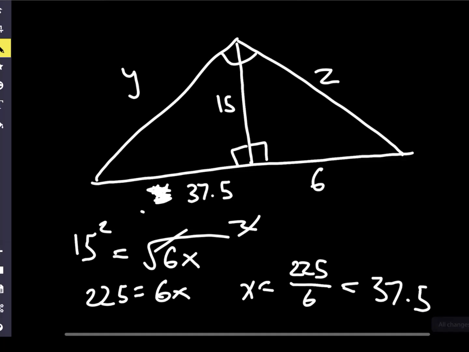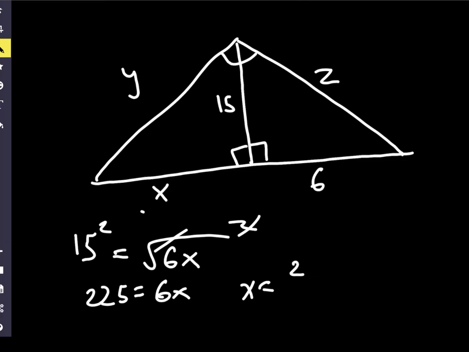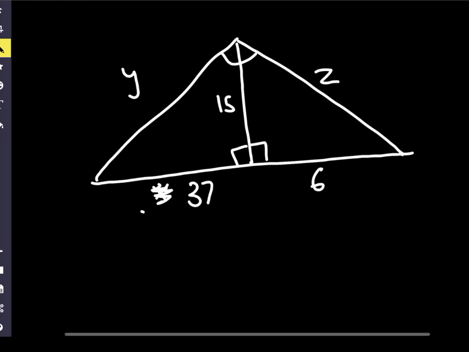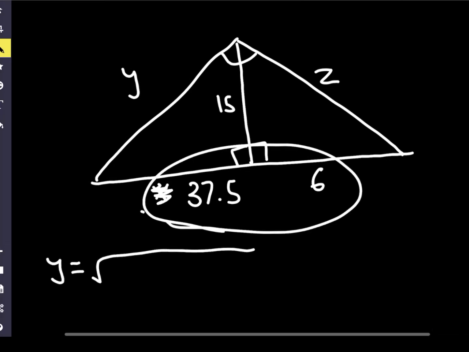What is y going to be equal to? Hold on, let me just erase this all real quick. Okay, so what is y going to be equal to? Remember, y is going to be equal to the geometric mean of this whole thing, okay?